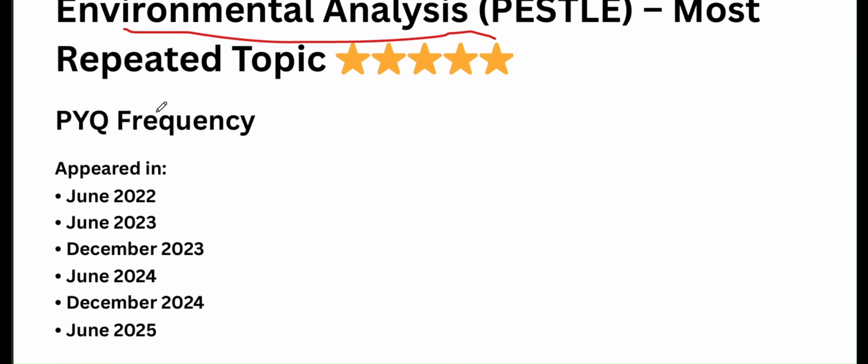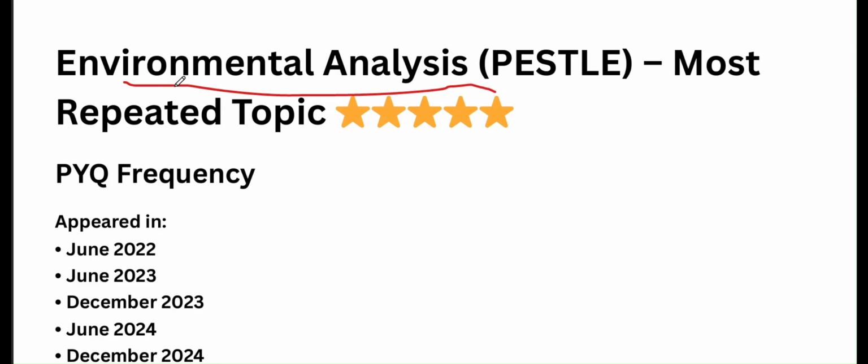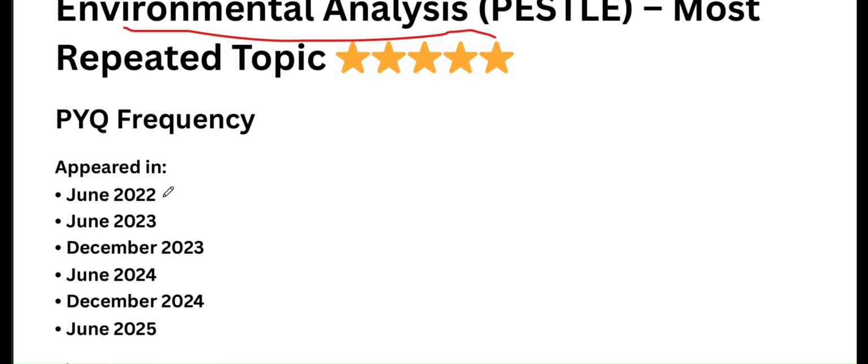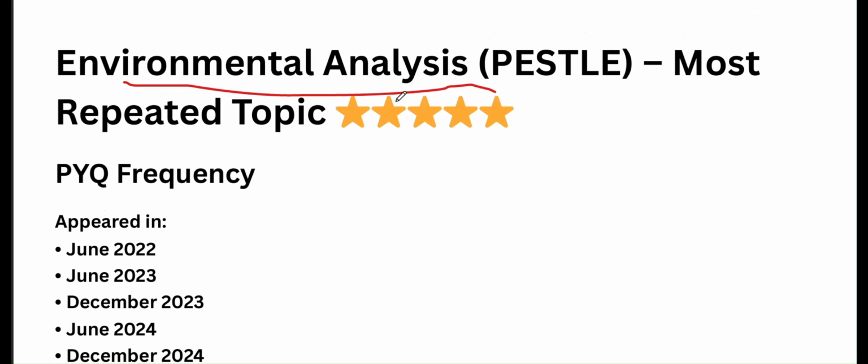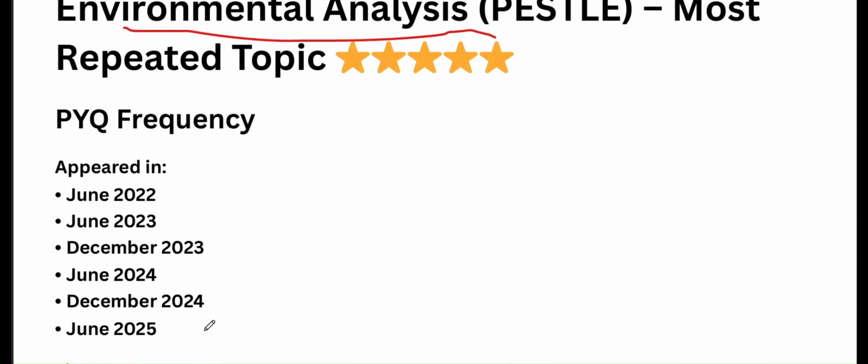So this environmental analysis question, the questions have been asked multiple times. You can see here that this question has been asked multiple times from environmental analysis. So it's very important that you study what is environmental analysis, because there's a high chance that it can be asked again, like 22, 23, 24, 25.